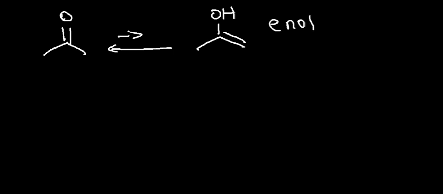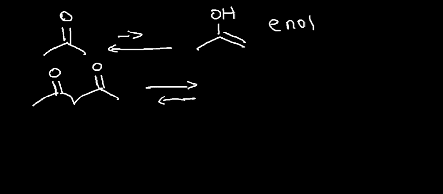So that's the word enol. En for alkene, Ol for alcohol. Now let's say if you have a diketone. It too can convert to the enol form. And it looks like this.